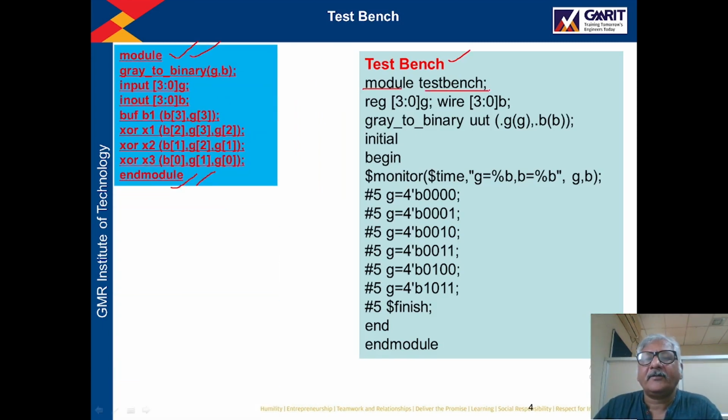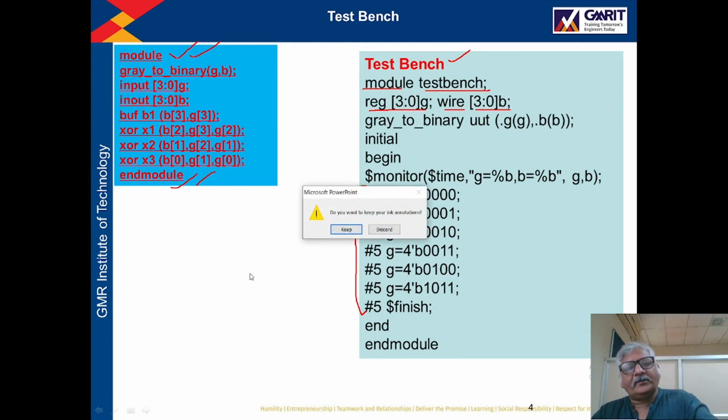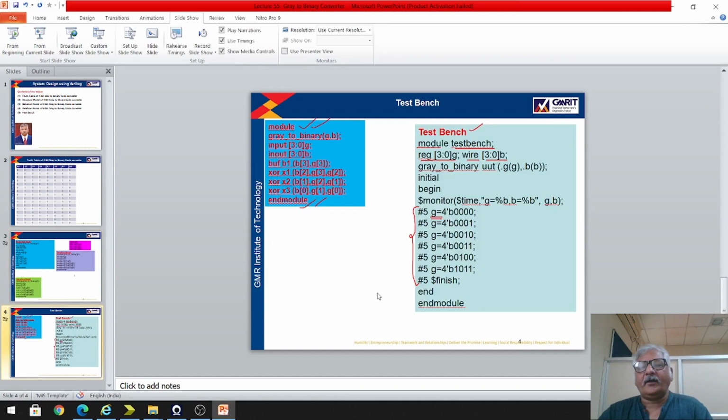Module, testbench is the name. Then reg [3:0] G, wire [3:0] B. And here we have assigned various values to the input G at different time intervals, right? So now we will run this program and see how it works.